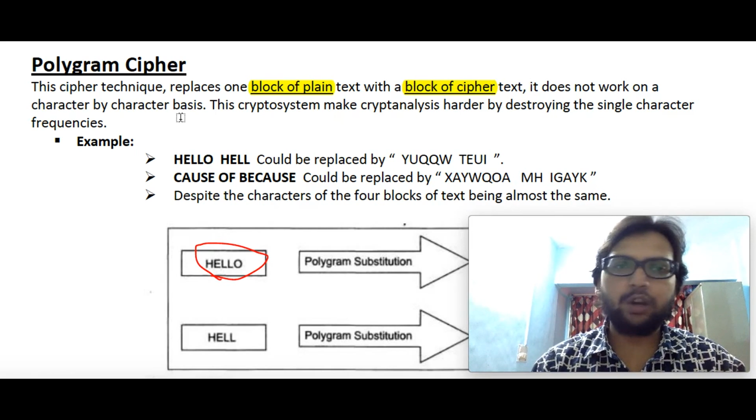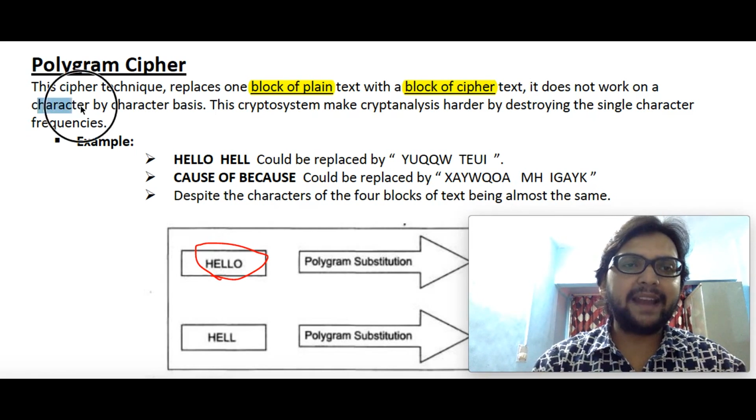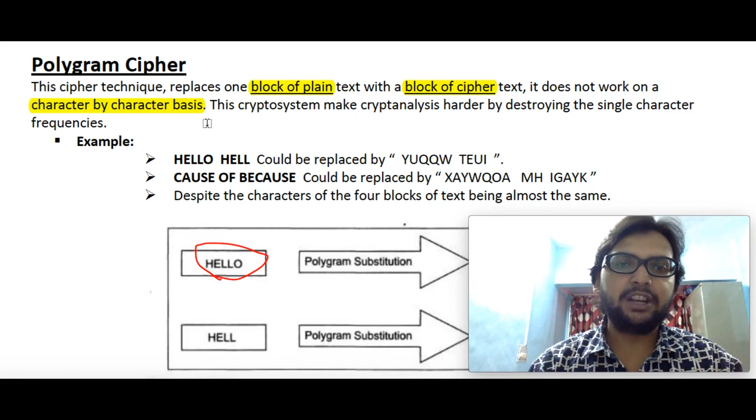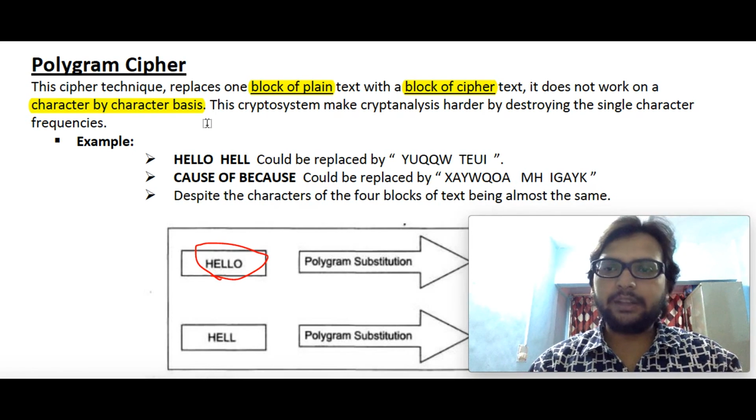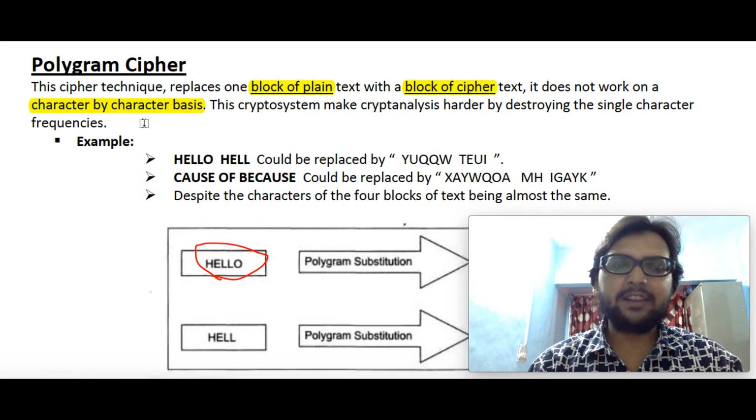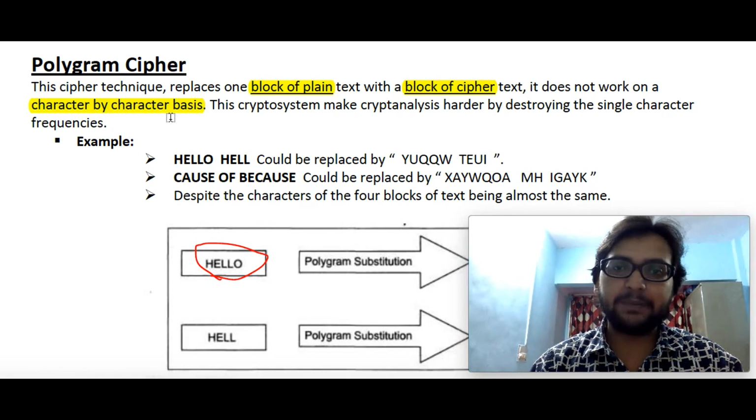It does not work on a character by character basis. Remember this point. The previous 4 algorithms, that is Caesar Cipher, modified Caesar Cipher, then polyalphabetic, and one more, I forgot the name, all work on a character by character basis.